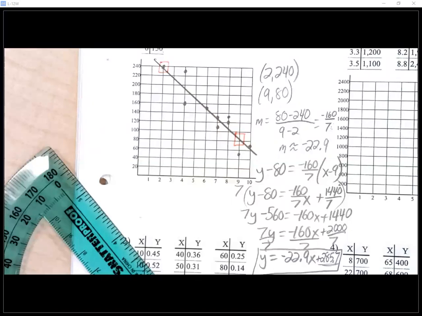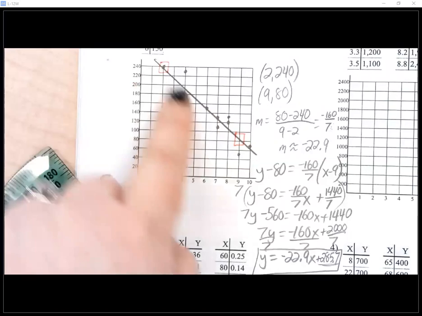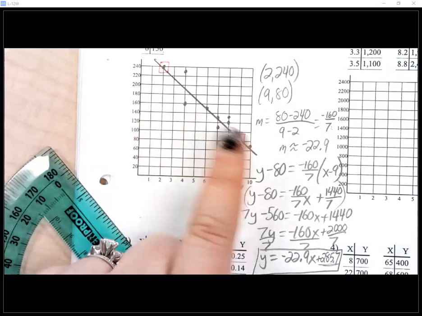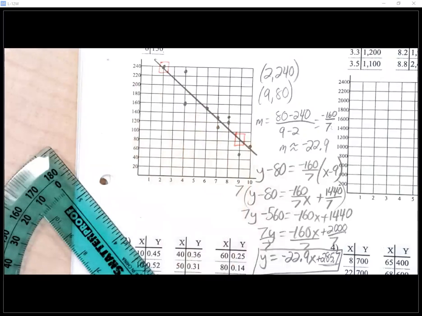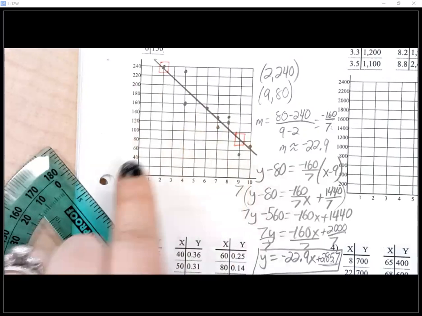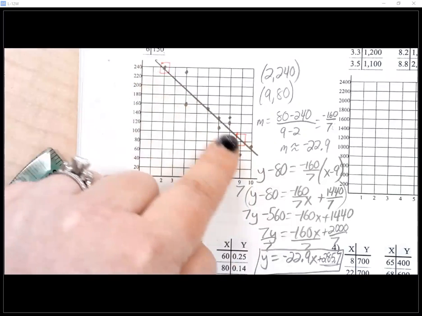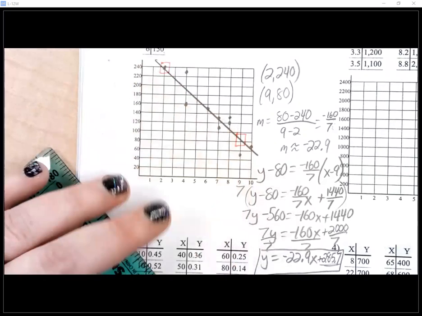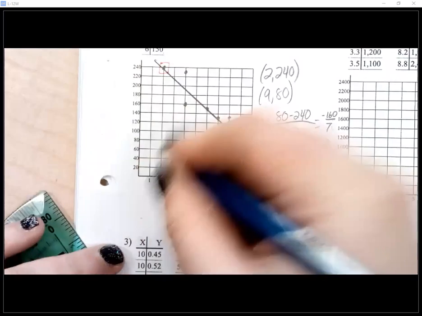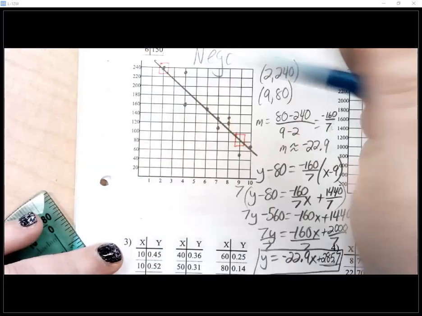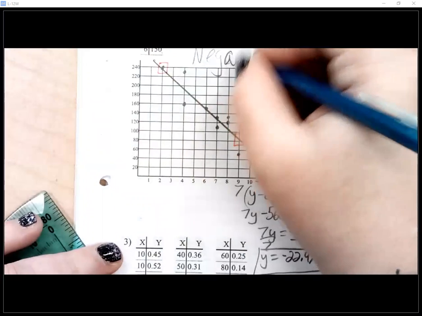It looks like they are kind of going down together, right? This is what we refer to as a negative correlation. So as my X values are getting bigger, my Y values tend to get smaller. That is a negative correlation. I'll put this right here. Negative correlation.